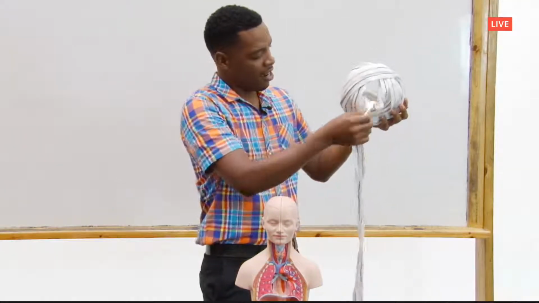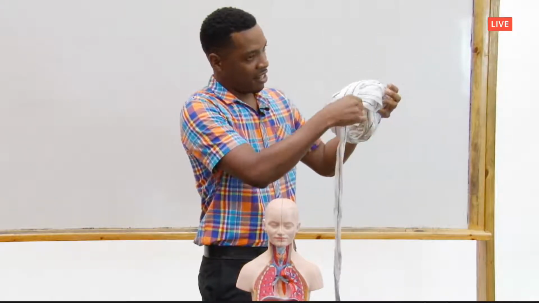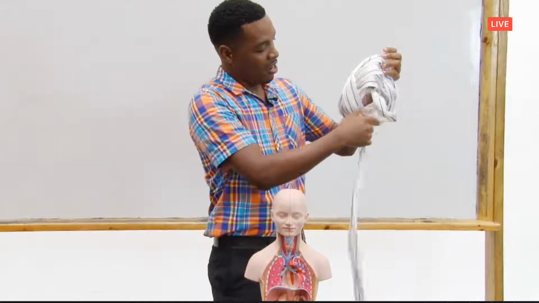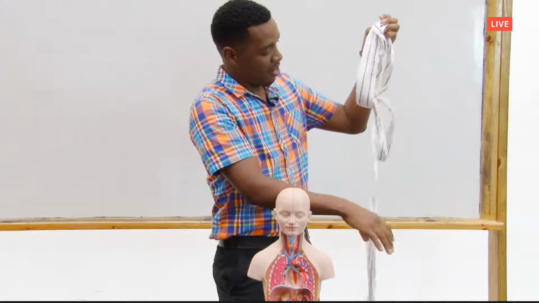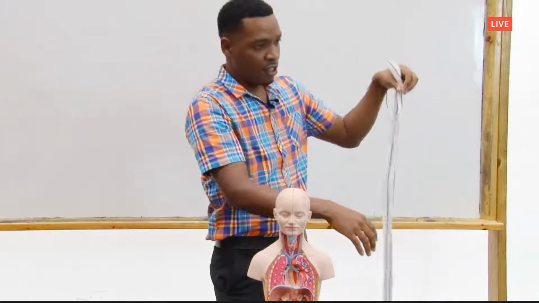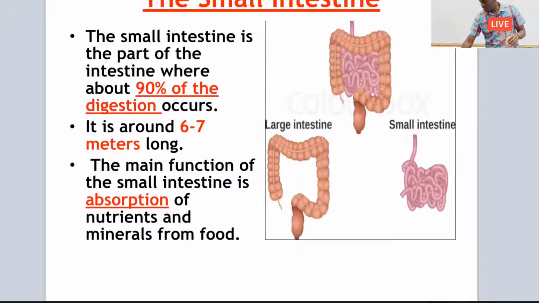See how long the small intestines are? Almost there, almost there, until it is finished. So there you go. It says there that the small intestine is about 6 to 7 meters long.